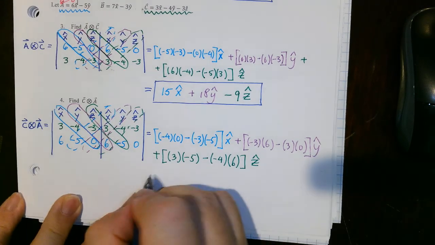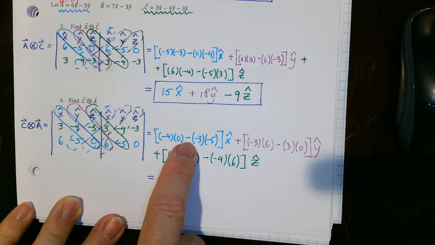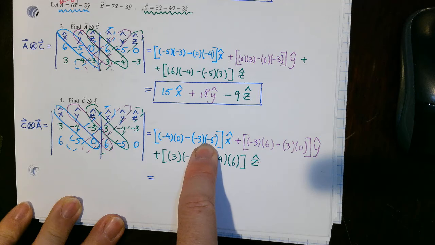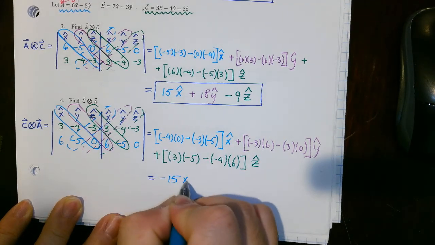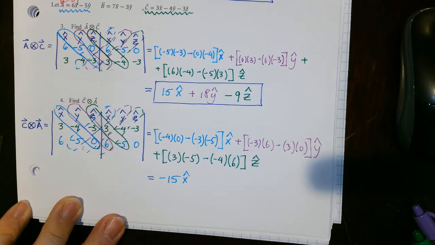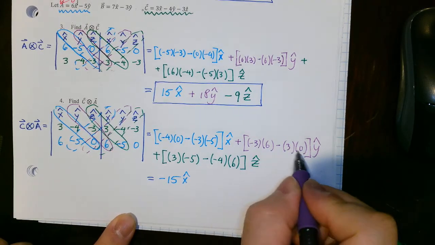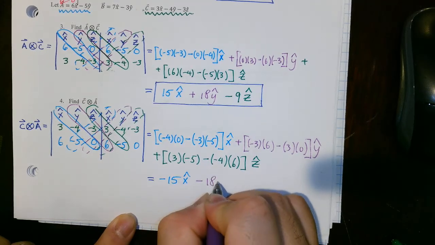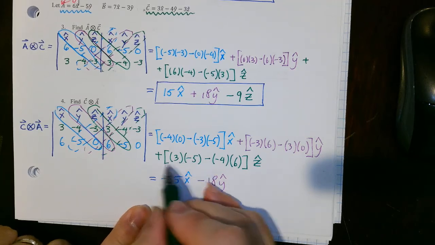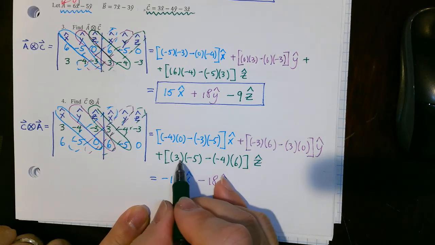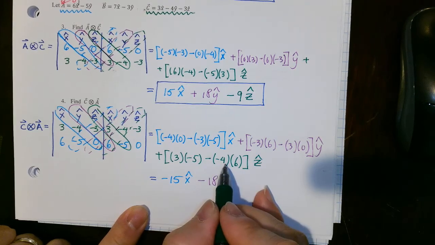So, when we actually do this, this becomes 0 minus positive 15, so it's negative 15. Then, your y component becomes negative 18 minus 0 is negative 18. And your z component becomes negative 15 minus 24, no, plus 24, right?